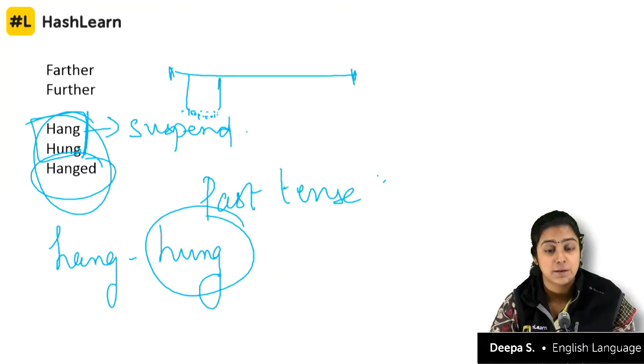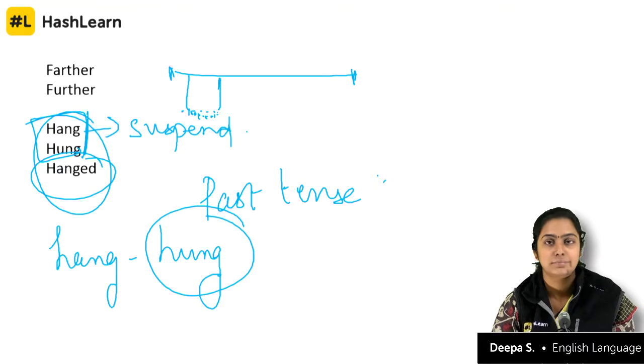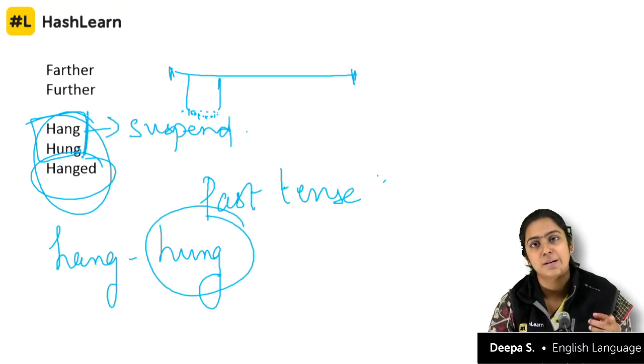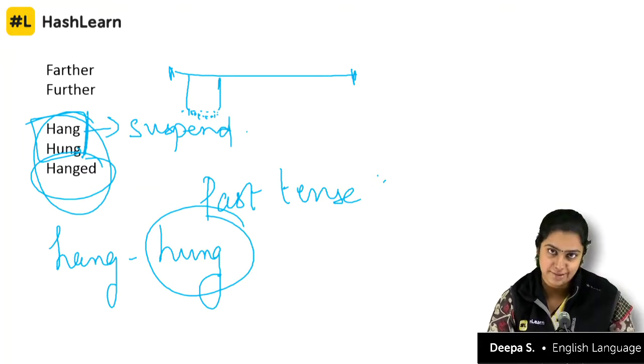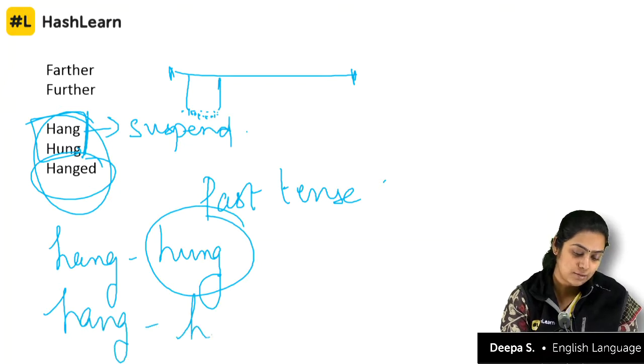Or those towels are being hung out to be dried in the sun. So this is the past tense. But when you hang someone who has committed murder, say, so he's being hanged, the past tense is hanged.